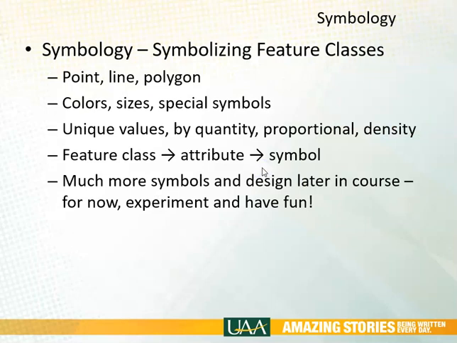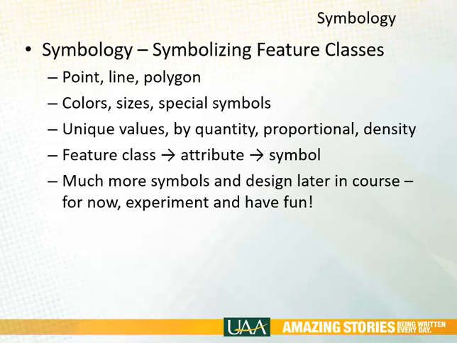Once you have created a map and you have all your layers, you have to start symbolizing these points, lines, and polygons using colors, using sizes of lines or of points, or special symbols that you might associate with the points. You can see, looking at a GIS like ArcGIS Pro, that there are a bunch of different ways to symbolize data.